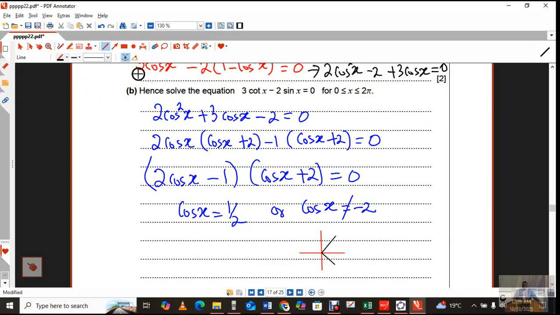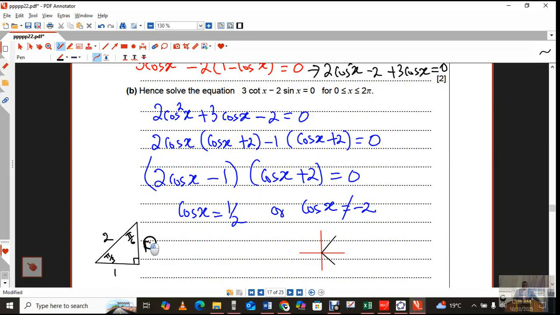So what is our angle going to be? If that is 90 degrees, the diagram is not to scale. This is pi over 3, that is 1, that is 2. This is pi over 6, that is like 60 degrees, and that is 30 degrees.